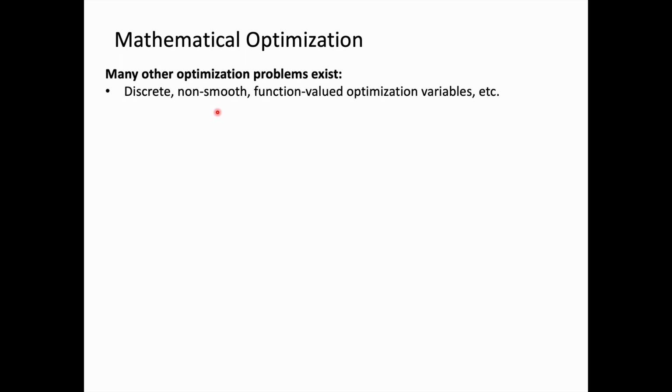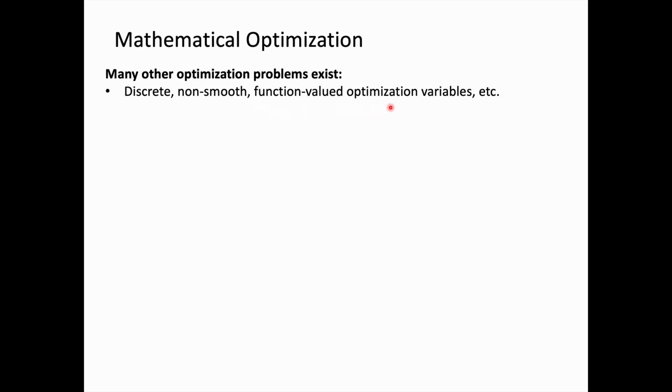If we have a kink or a crease somewhere in the function surface, then that means at those locations that function is not differentiable. And if it's not differentiable, then that has a big impact on the solution methods that are possible to use in solving that problem.